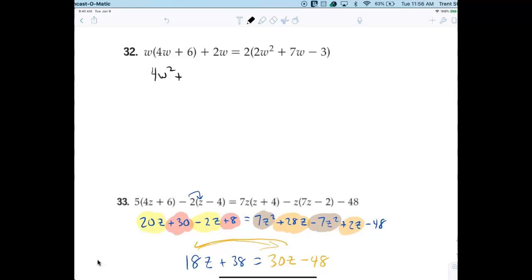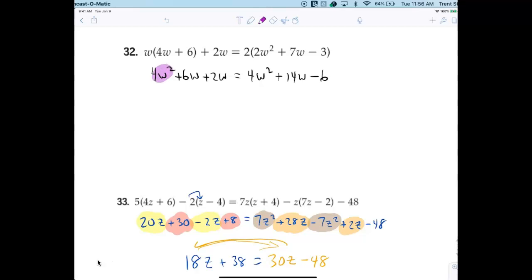Plus 6w plus 2w equals 4w squared plus 14w. Okay. What happens now?